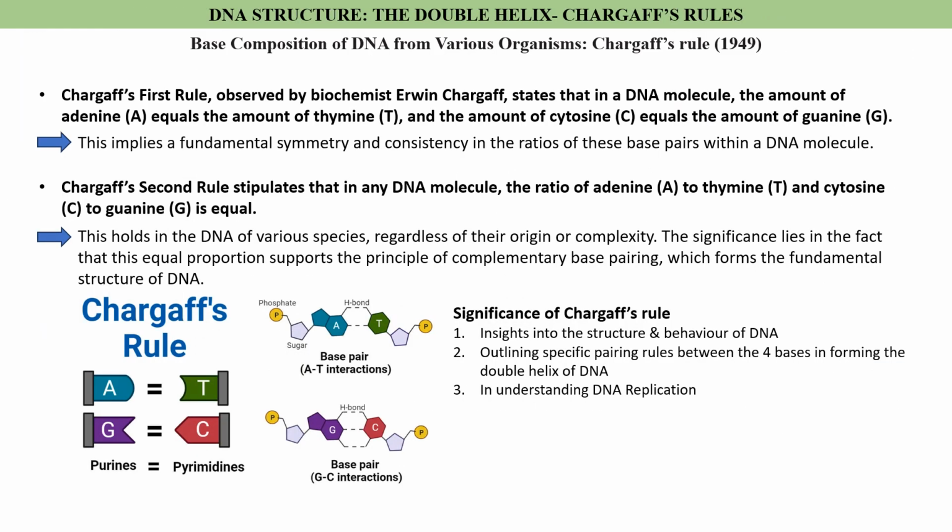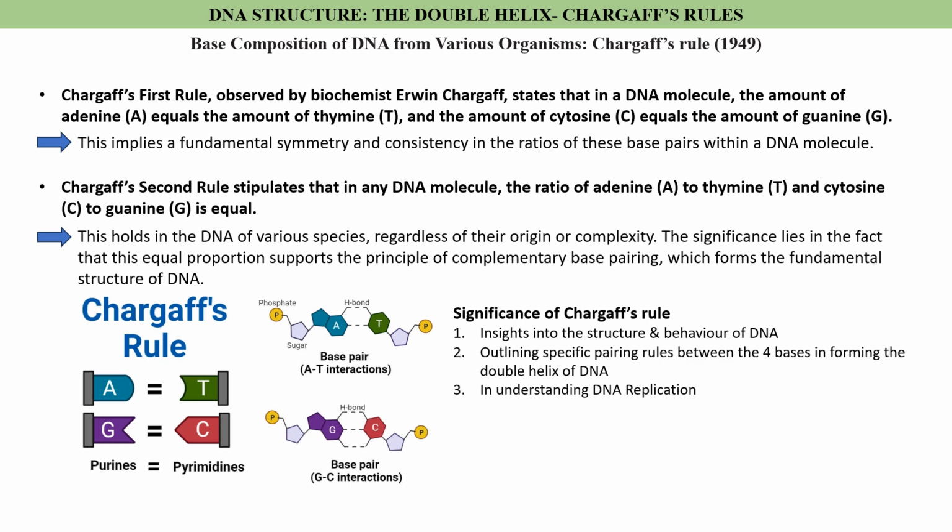Yes, next coming to Chargaff's rules. Chargaff's rules are two rules, with the second rule being a further explanation of the first rule. The amount of adenine equals thymine and cytosine equals guanine, which is very much obvious. We can get it from the structure.